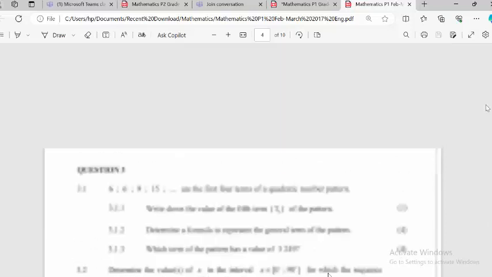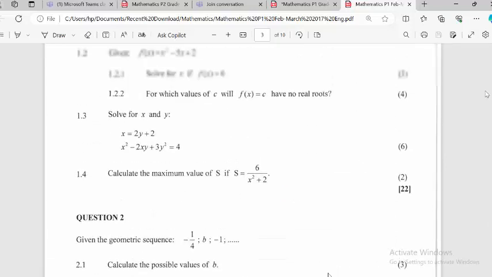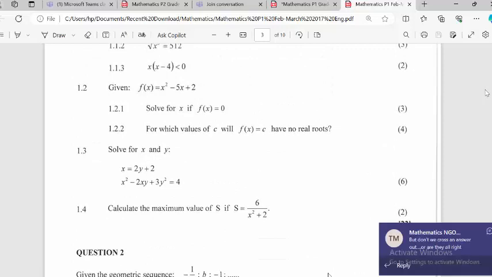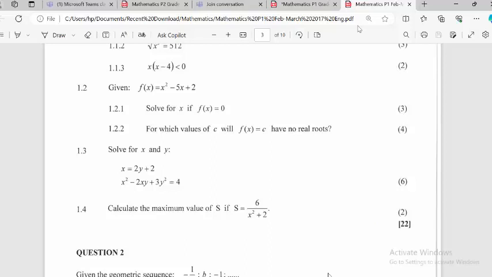Simultaneous equation. So each and every exam paper, from what I've noticed, has a simultaneous equation. But don't we cross an answer out, or are they all right? They are all right, because in this instance they wanted us to solve for x and y simultaneously.